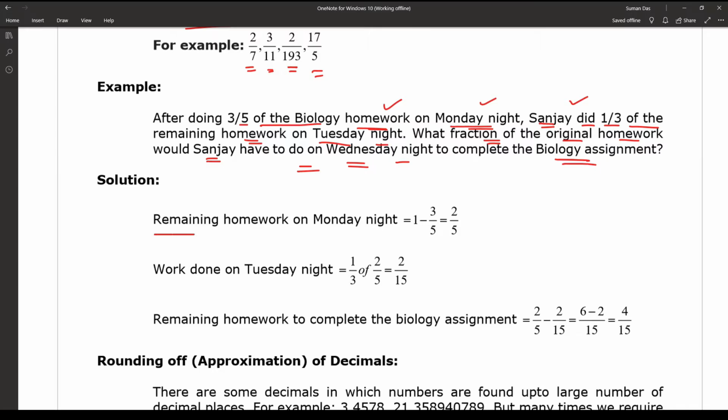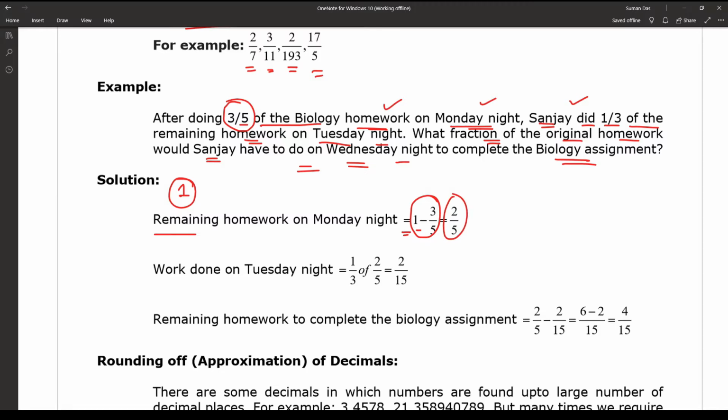Now, the total homework we are considering as 1. As Sanjay completed 3 by 5 on Monday night, the remaining homework on Monday night is 1 minus 3 by 5, or 2 by 5.